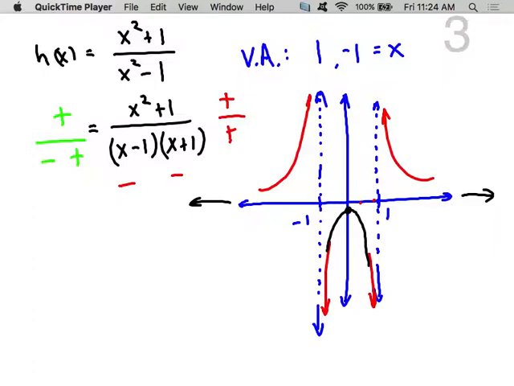Now let's talk about one more, just because life would be complete without some trig. Let's call that P of x. Where are the asymptotes for cotangent?